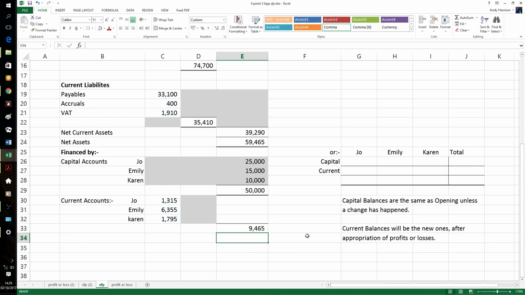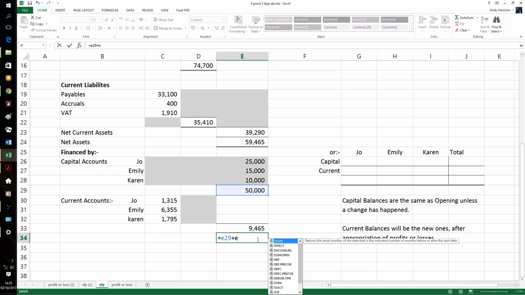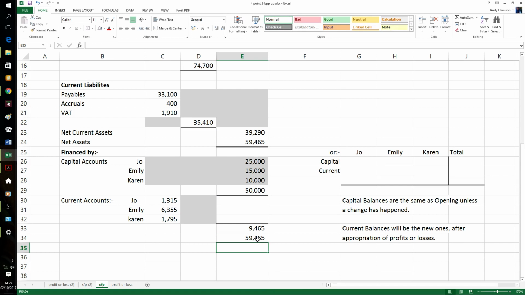Just the total of those, and the capital plus the current should equal the net assets. So that balances off with that. We should get exactly the same figures here, it's just a different way of laying it out.